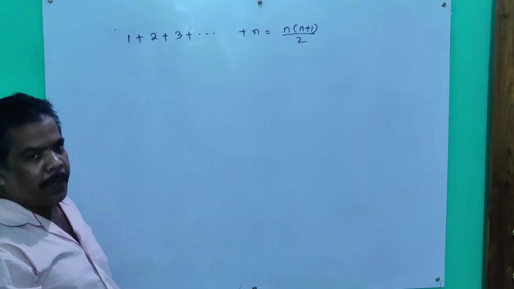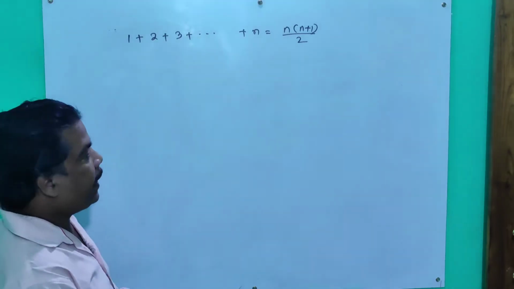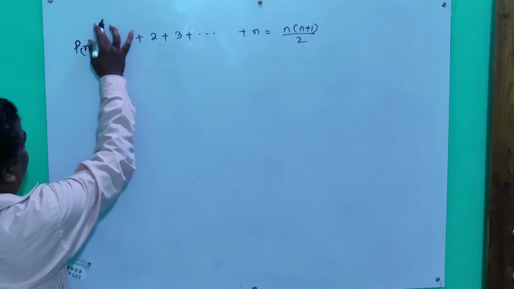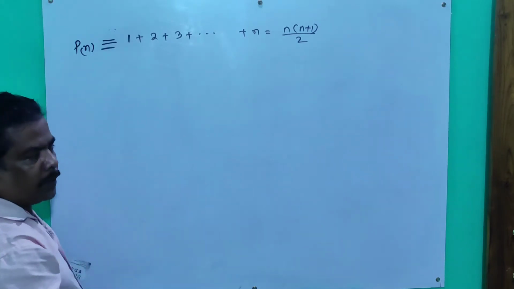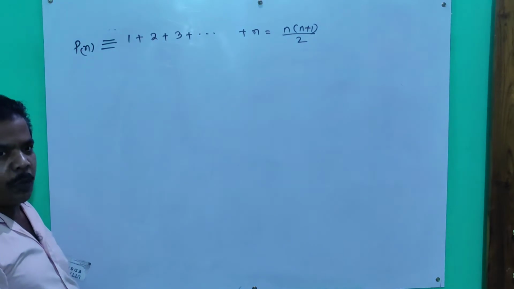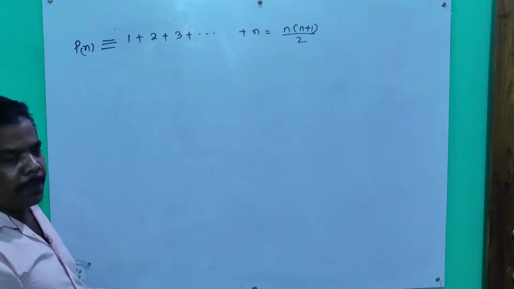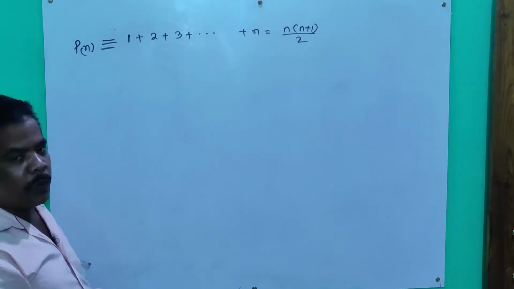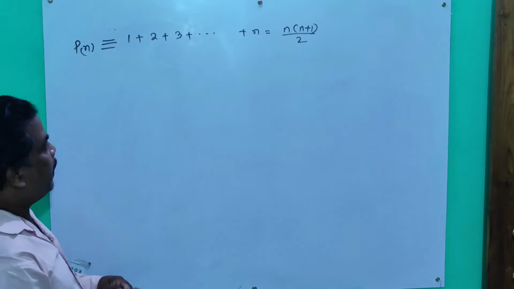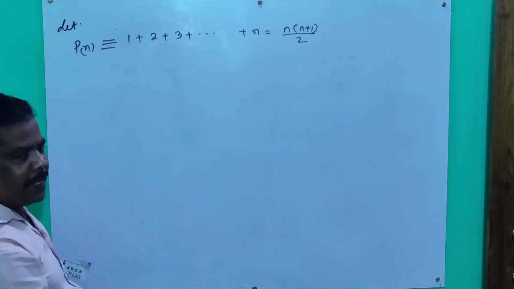When we prove by method of induction, first we take this as Pn. Let Pn denote the statement, that is the sequence of statements 1 plus 2 plus 3 plus ... plus n is equal to n whole into n plus 1 by 2. So let us assume that the given statement is Pn.